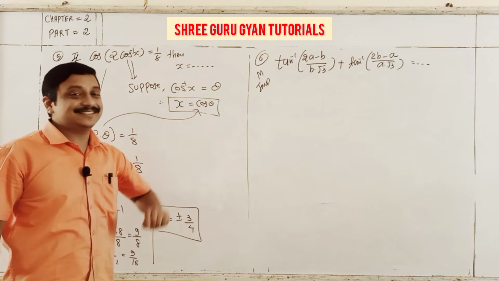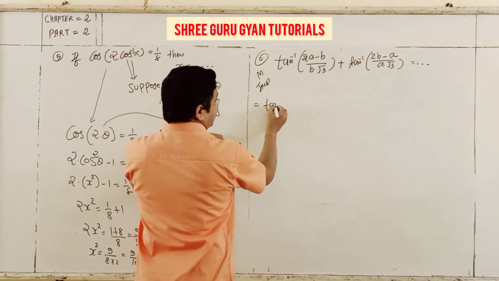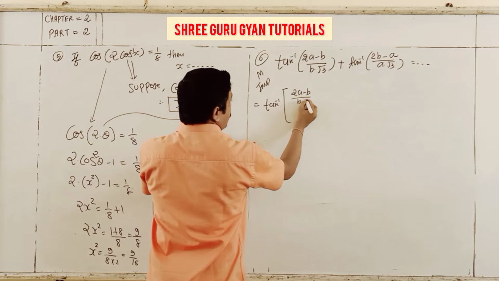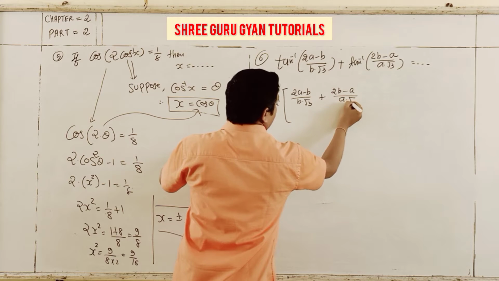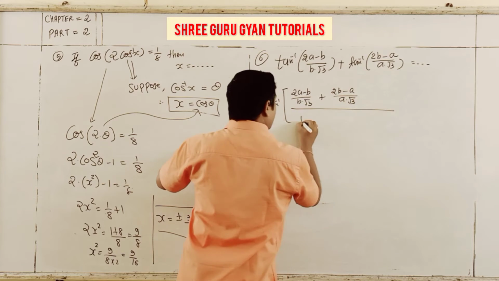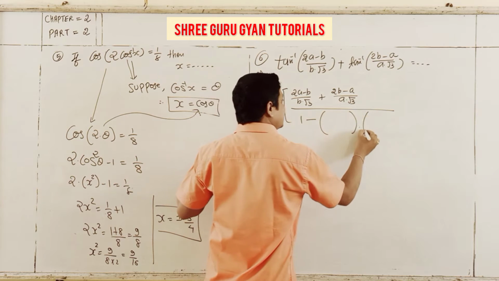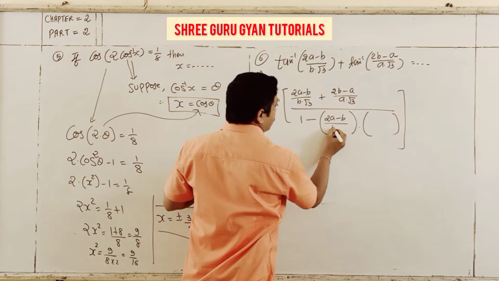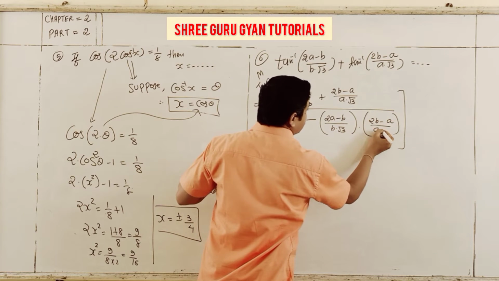The property is the same. I just start with the property: tan inverse of (x plus y) upon (1 minus xy). This is your x, that is your y: (2a minus b) by (b root 3) and (2b minus a) by (a root 3).